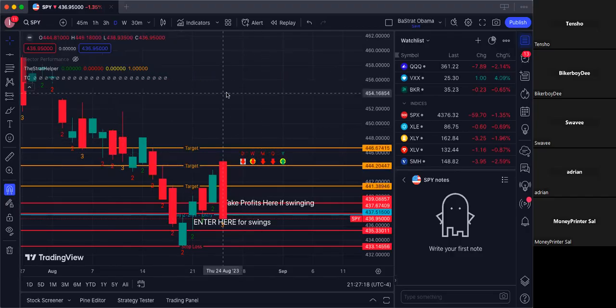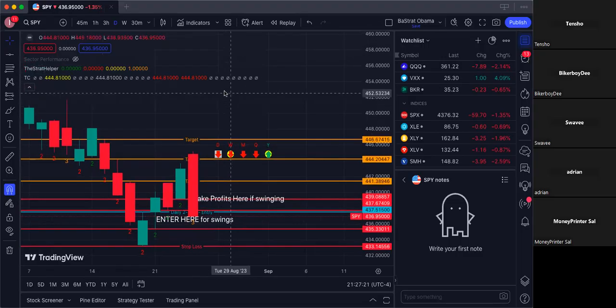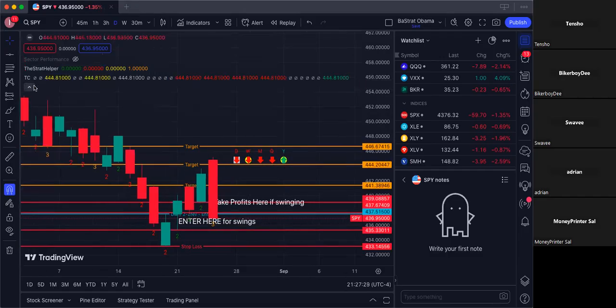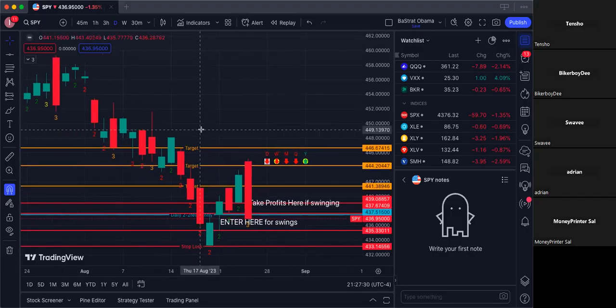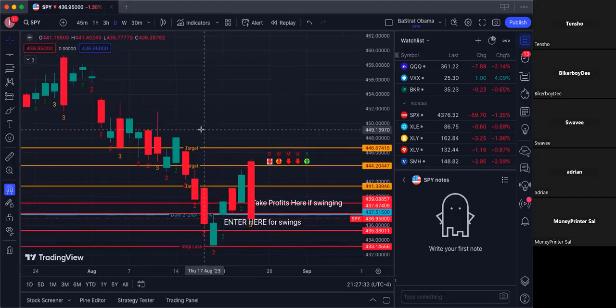We're going to do a class too that walks everybody through TradingView so they can be set up for success, because I've noticed a lot of people don't really know how to navigate TradingView. And TradingView is an amazing program if you know how to use it. I know Adrian is real nice with Thinkorswim. That's also a good platform, but it's just too much for me. But yeah, we'll do something on TradingView.